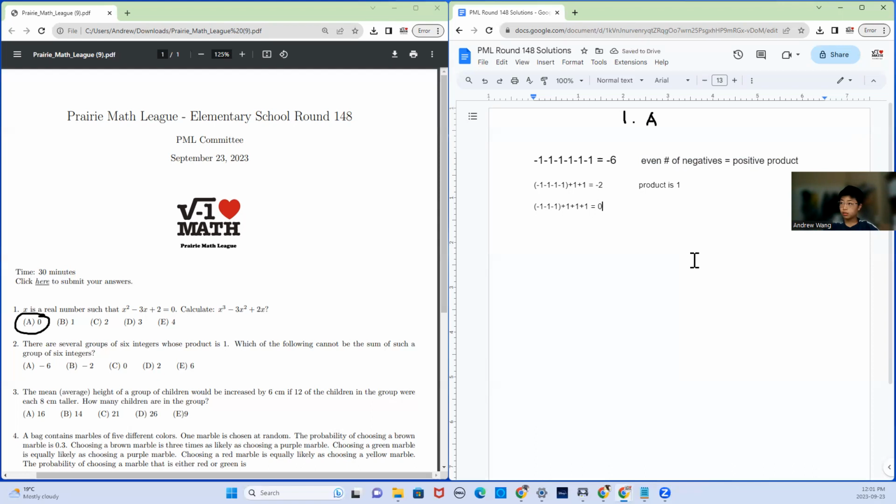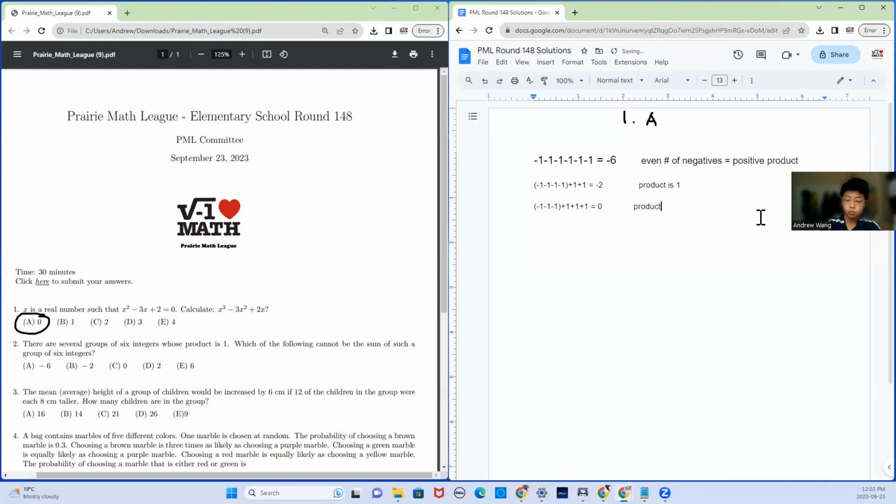But let's look at the product though. We know since it's all ones, the product will be 1. So is it positive or negative? I'm counting 3 negatives here, which is an odd number of negatives. It'll actually equal a negative product.